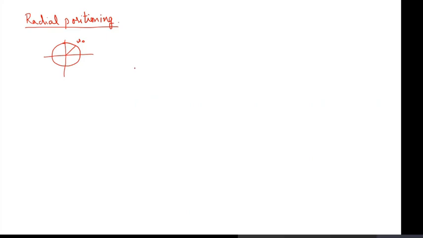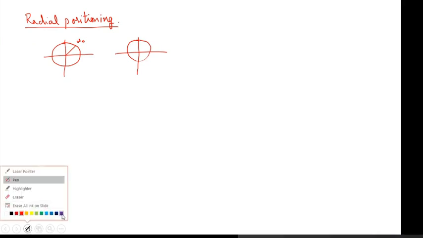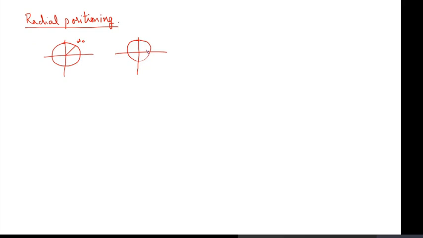For the sake of understanding, I will take a simpler case over here. In the first instance, I will place a pole at 0.9.